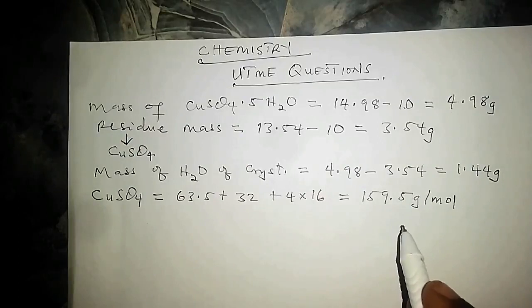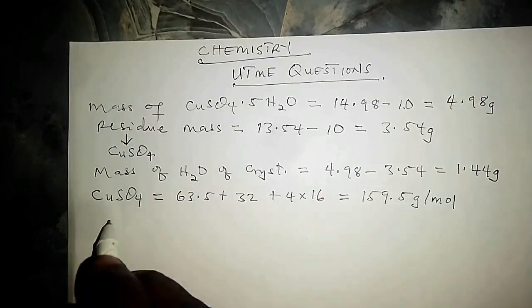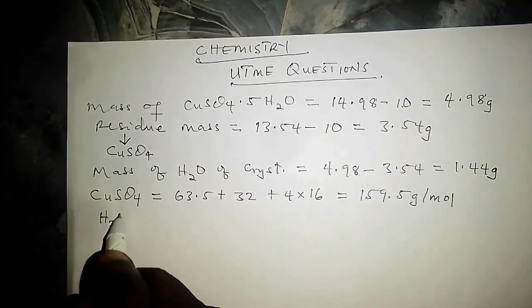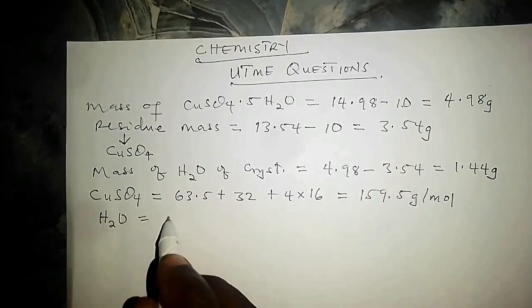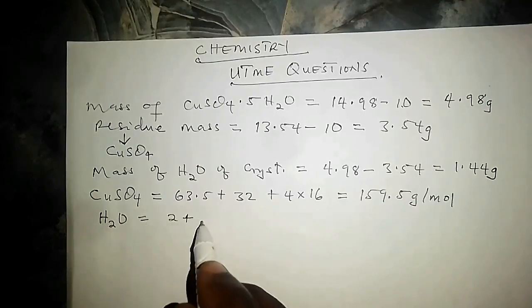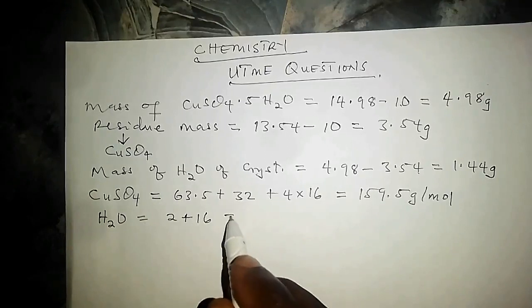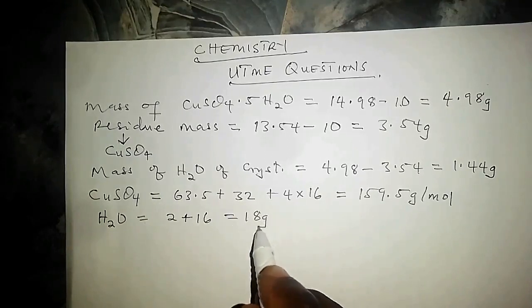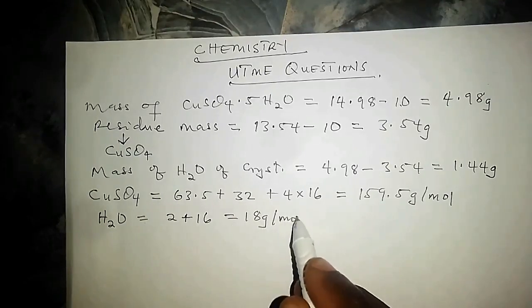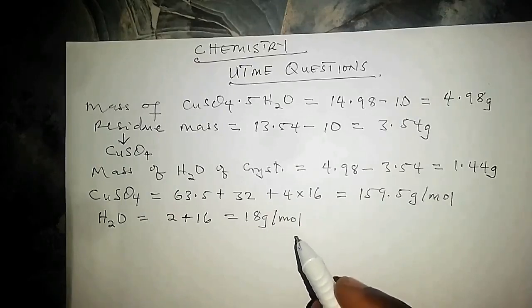Is that taken? Good. Now we go ahead and calculate the molar mass of water, which is 2 plus 16, giving us 18 grams per mole.